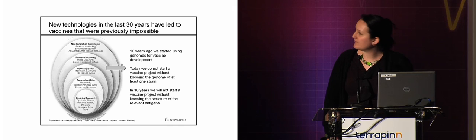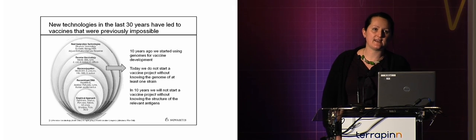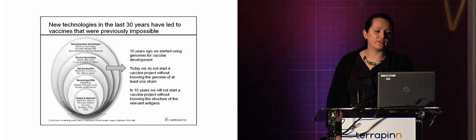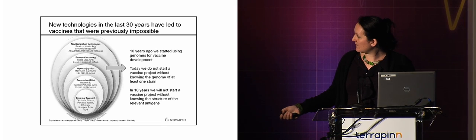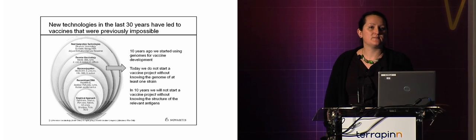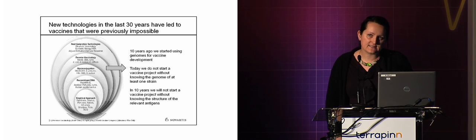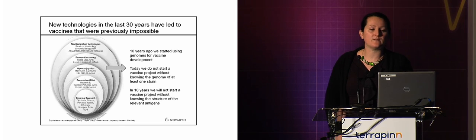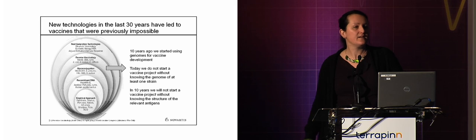Now, to conclude, if we look at the way that new technologies and vaccine development have evolved over the last 30 years or so, we've gone from empirical wholesale approaches to the development of subunit and conjugate vaccines. And then with the emergence of the genome era, we've seen even more developments in the vaccine field.